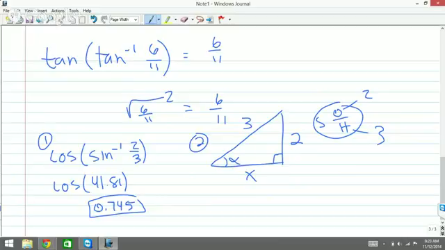Well, somebody just gave you a big hint. So 9 minus 4 is 5. Okay, so the root of x, root of 5.